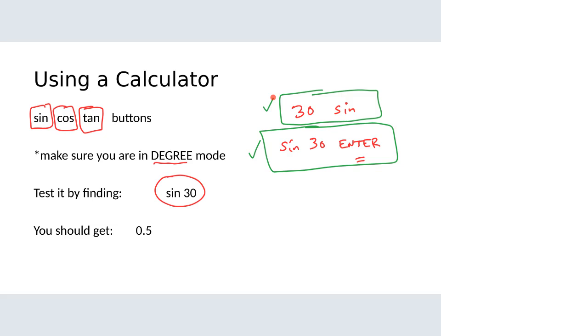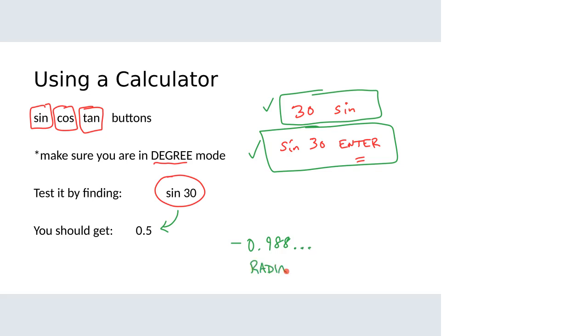When you take the sine of 30 degrees, I want you to get 0.5. If you get negative 0.988, and it keeps going, your calculator's not broken, you're not doing anything wrong.